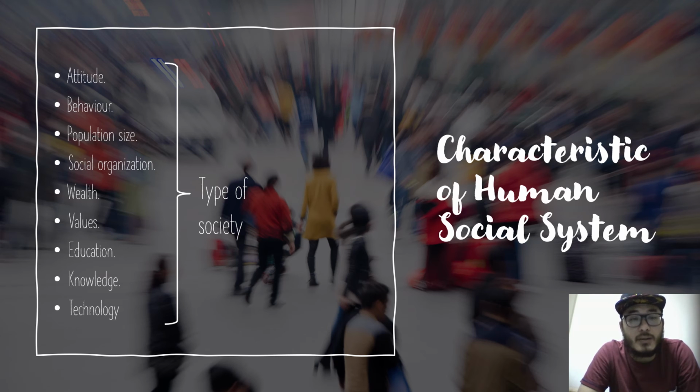And last but not least, technology. These are the types of society characteristics that we are living in, and some of you might be more concerned about a few things compared to the others. So all this is important for us to know, especially in learning environmental science.